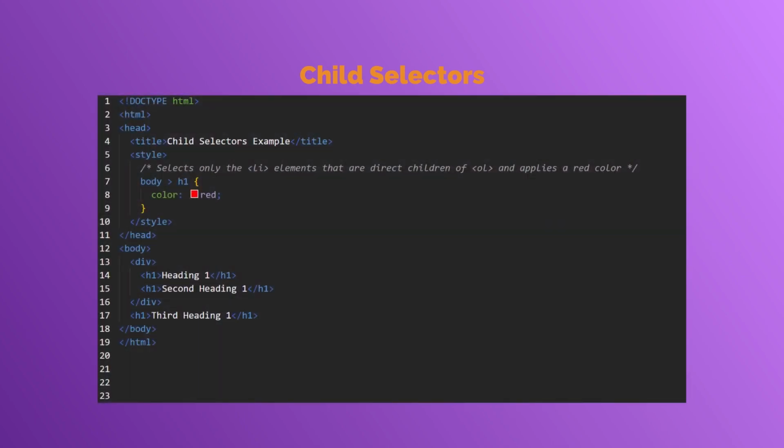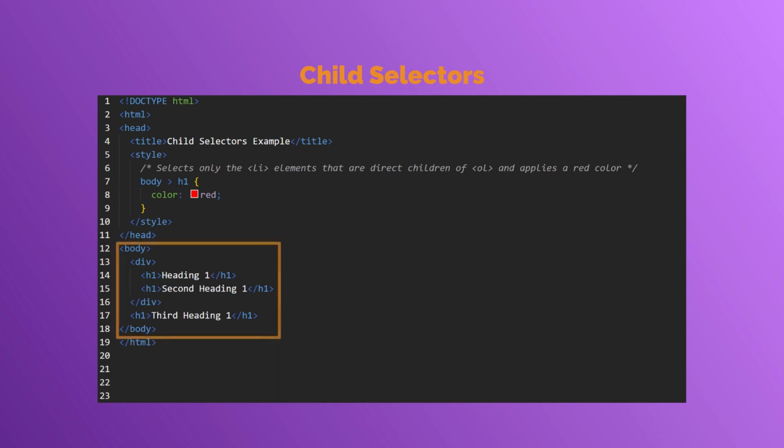Child selectors. The child selector allows us to target elements that are direct children of a specific parent element. It is represented by a greater than symbol between the parent and child element selectors. Let's explore an example. In this example, we have an HTML page with a body tag element that contains multiple H1 tags headings, including a nested div tag element with additional nested H1 tag headings.